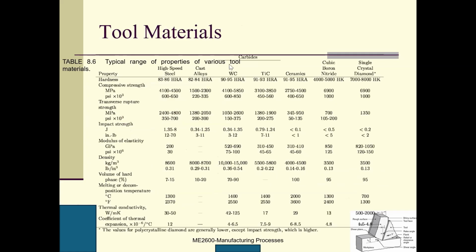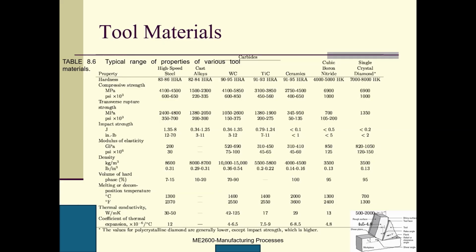So these are the different tool materials we have: high-speed steel, cast alloy, WC, which is tungsten carbide, and W, which is tungsten.